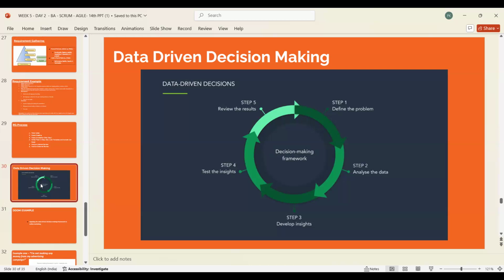Then you come to the next step, develop insight. So you know what the problem is, and you know somehow the causes of the problem. Yes or no? Yes. Okay, now we have to develop insights, meaning come up with solutions for this problem. The problem was I got less marks because I did not focus properly, did not give enough time to my studies, did not do mock exams or revisions properly.